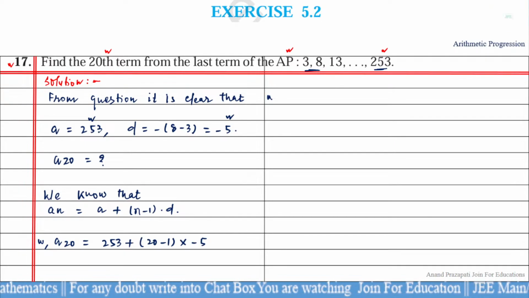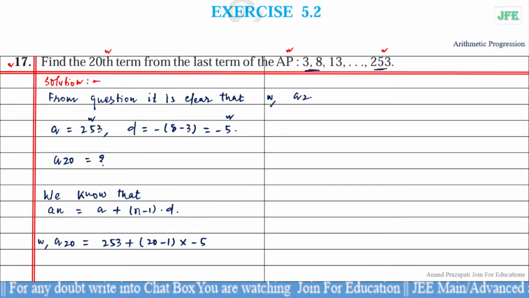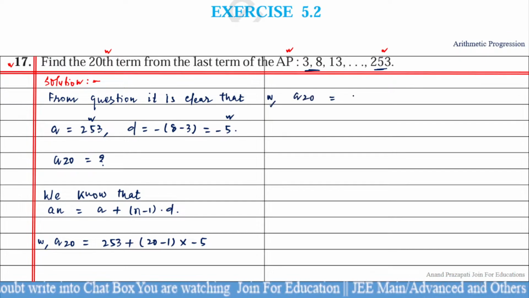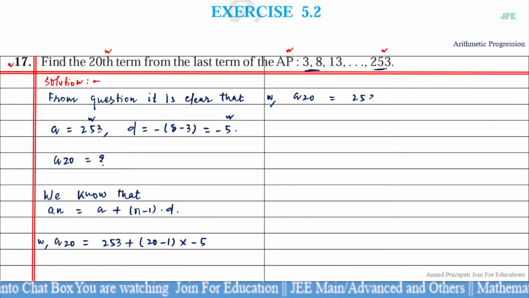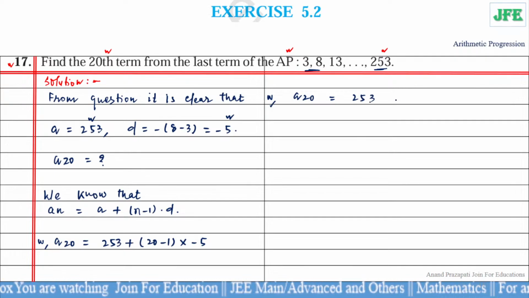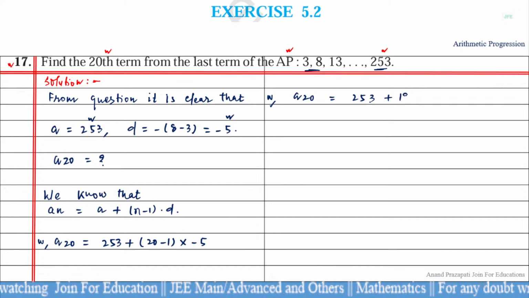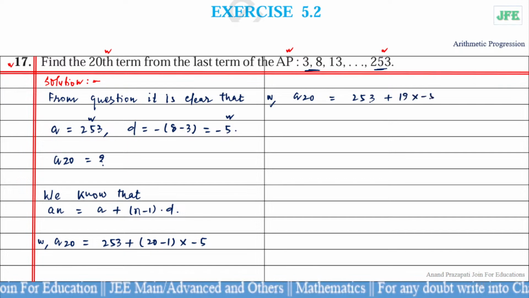So here A20 equals 253 plus 19 into minus 5.